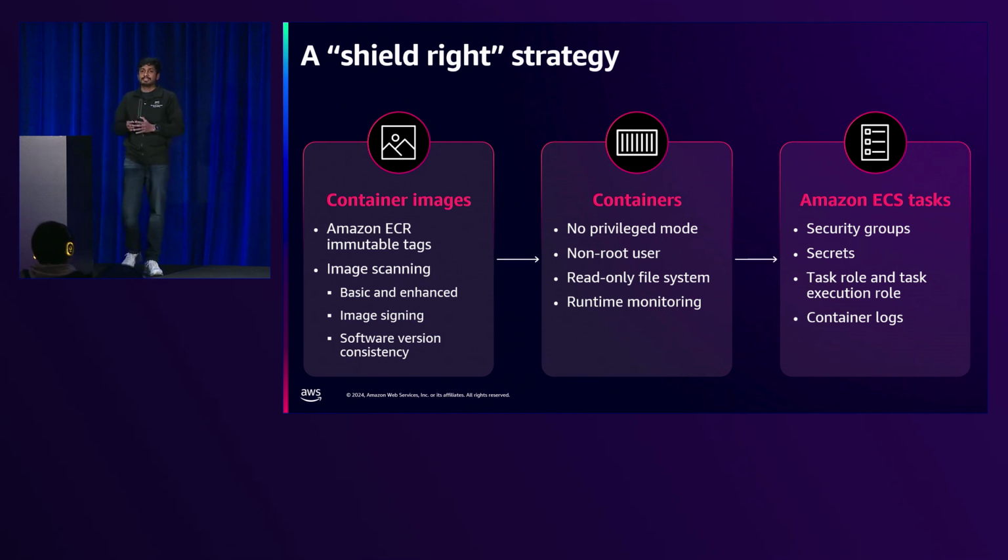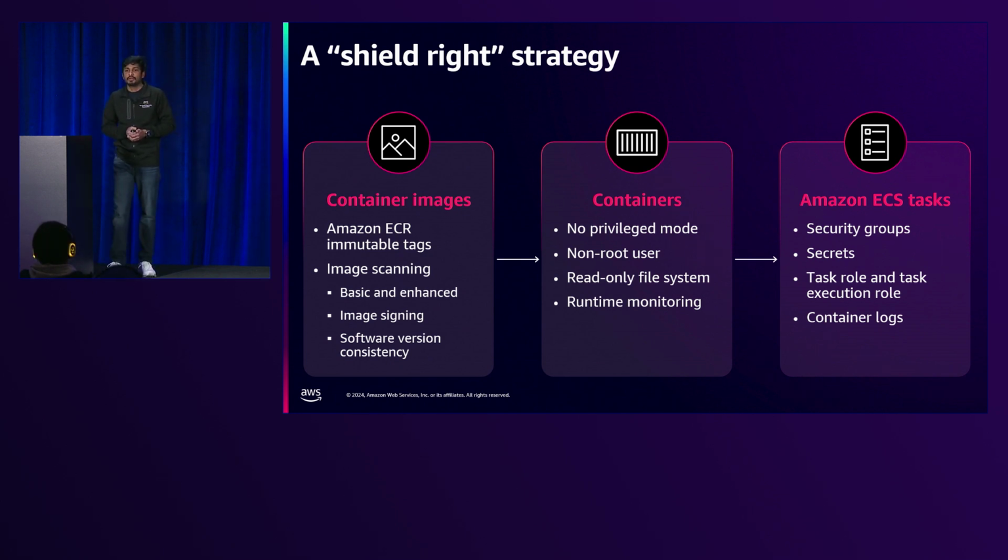On the Amazon ECS tasks, you can attach and manage security groups, both inbound and outbound rules, so you can make sure what endpoints your Amazon ECS task needs to access. And use secrets and do not store any sensitive information in plain text, especially in the environment variables. So if you have some sensitive information, use secrets in that particular area.